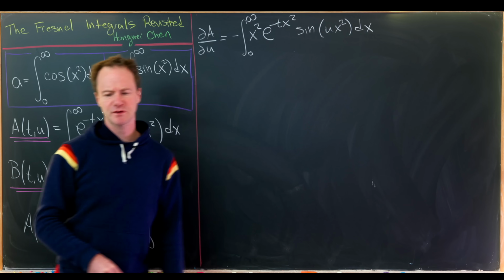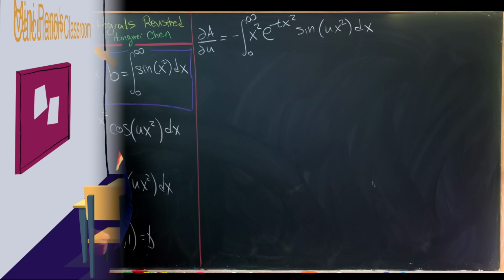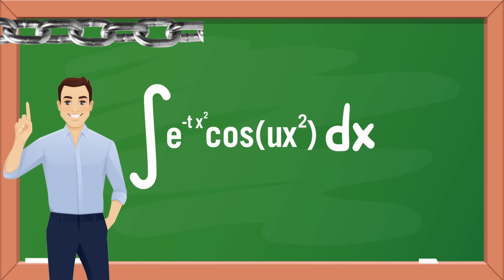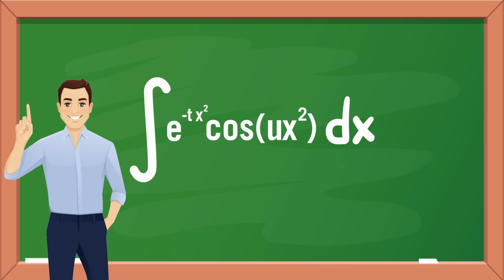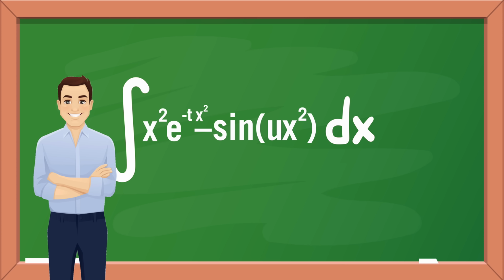Of course, we've used the trick of exchanging the order of integration and differentiation, but that's okay in this case. And how did we get this? Well, from the chain rule. When we take the derivative of cosine u x squared with respect to u, the x squared pops out, and then the derivative of cosine is negative sine. So that's why we have something like this.